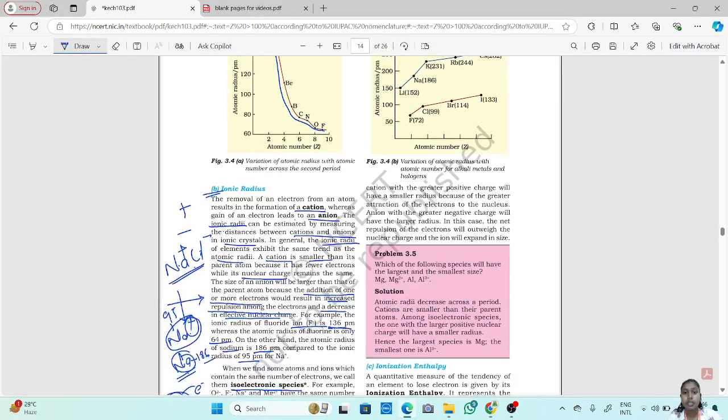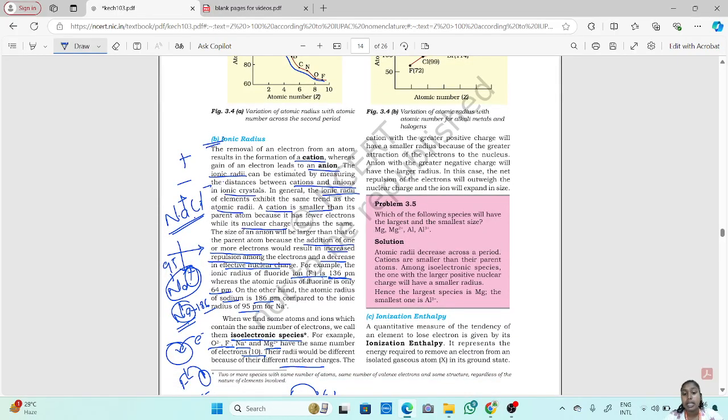Now the cation with greater positive charge will have a smaller radius because of the greater attraction of electrons to the nucleus. Why will they have a smaller radius? Because of the attraction of electrons to the nucleus. And anions with greater negative charge will have a larger radius.